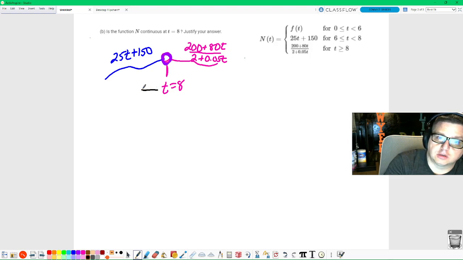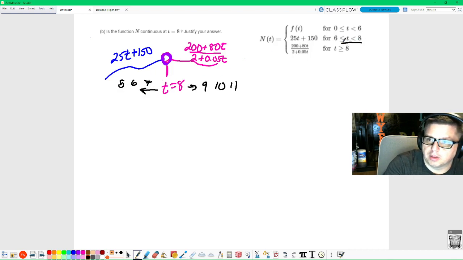So as we look to the left-hand side, we would get 7, 6, 5, all those numbers, and after it, we're going to get 9, 10, 11. Well, what function, when t is less than 8, should we be looking at? Remember, our focal point is only at 8.